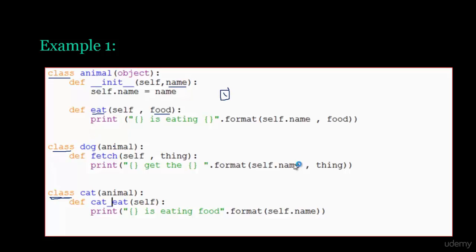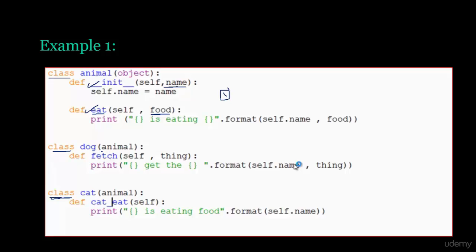The second class, dog, inherits from animal. Every dog here has a name and a food to eat. So we will inherit this constructor and this method in our dog class so that we do not rewrite it again.